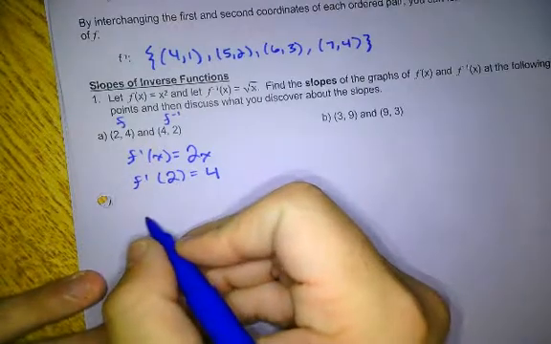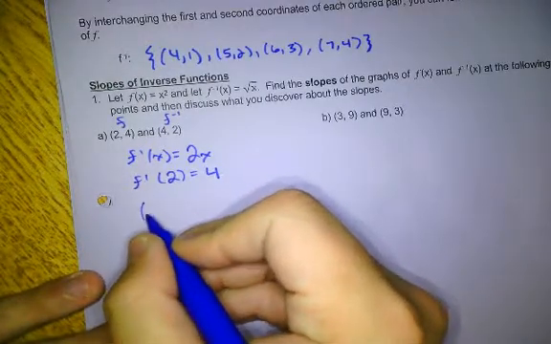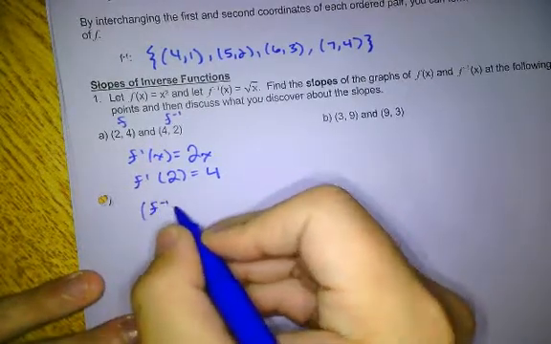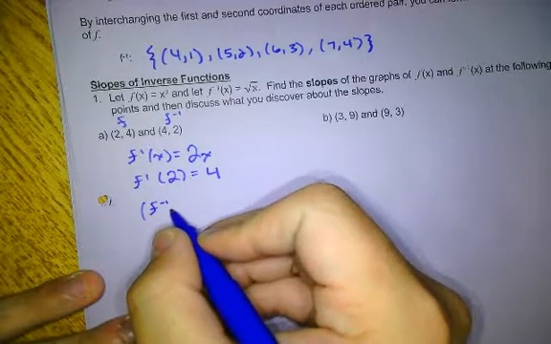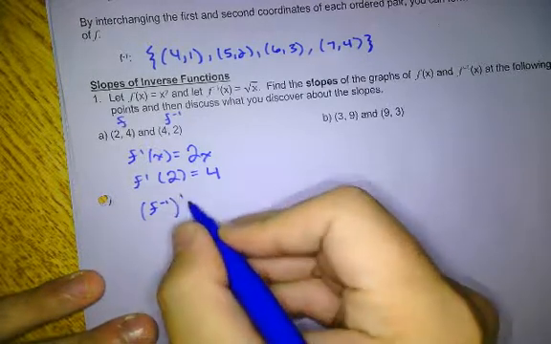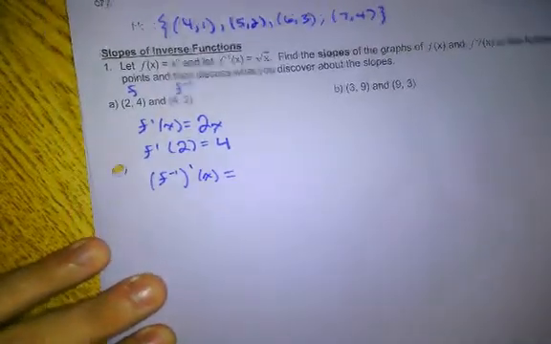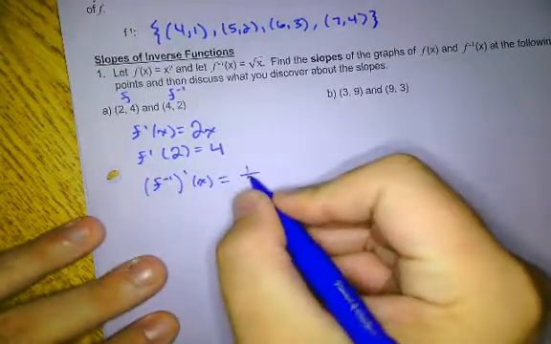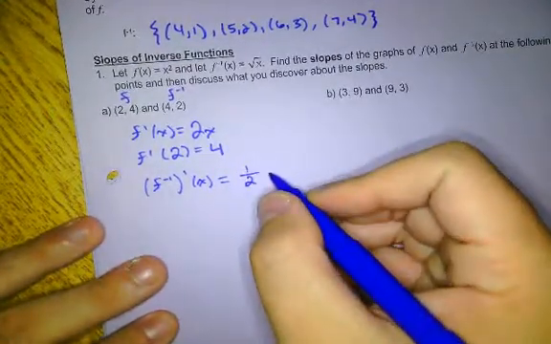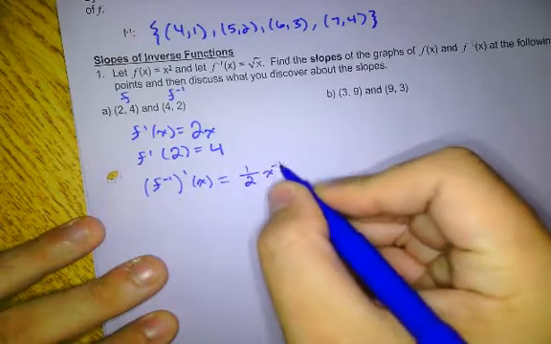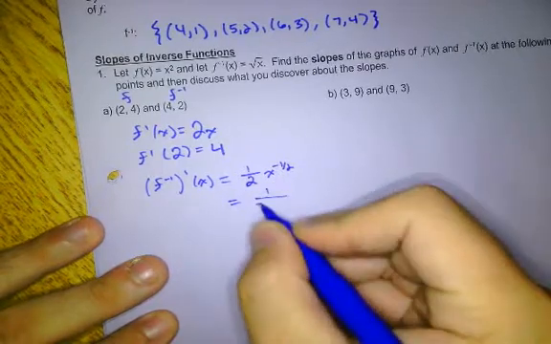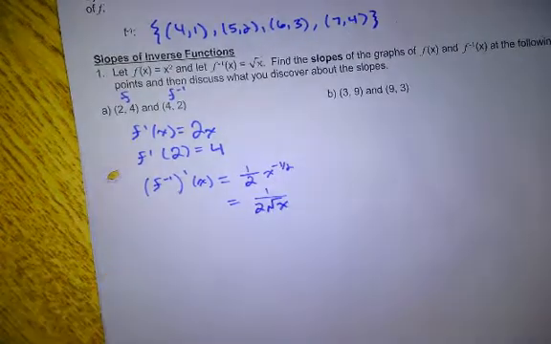Alright, and then what's the derivative of square root of x? 1/2 x to the negative 1/2, which is the same thing as 1 over 2 root x.